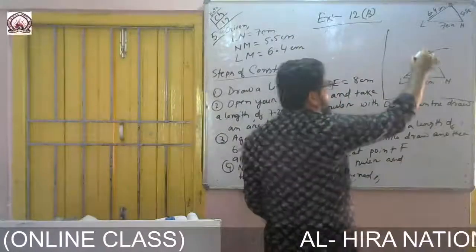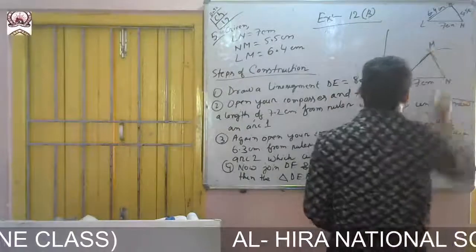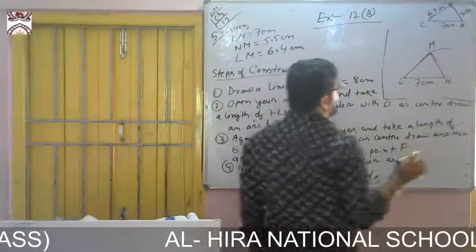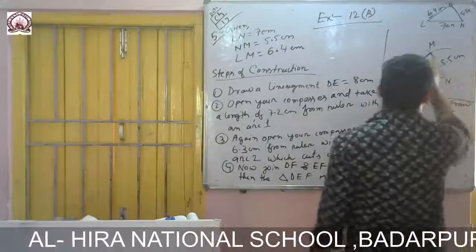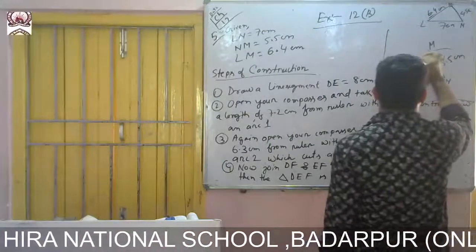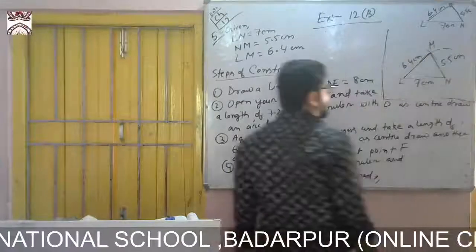So this point of intersection is M. So LM and triangle formed. This one 5.5 centimeter, this one 6.4 centimeter, and point of intersection is M.